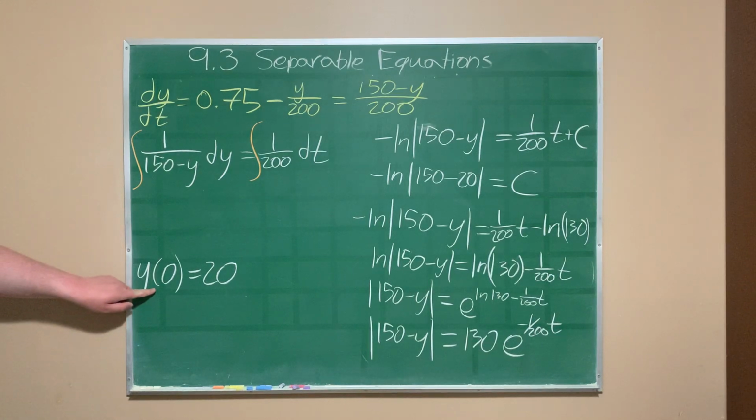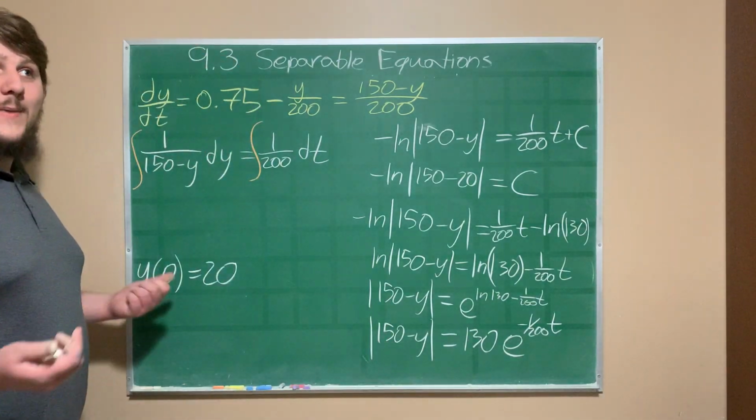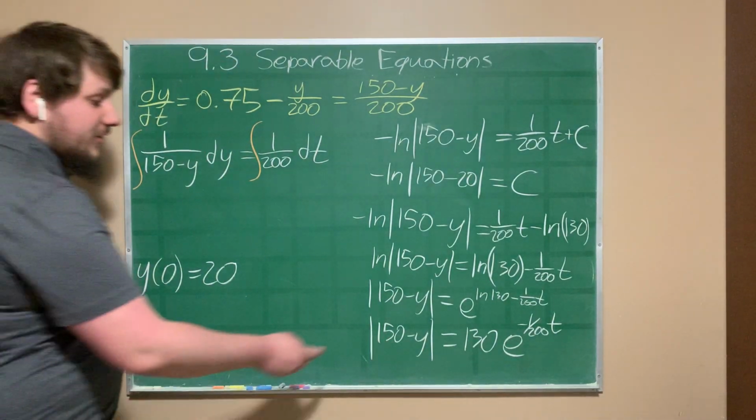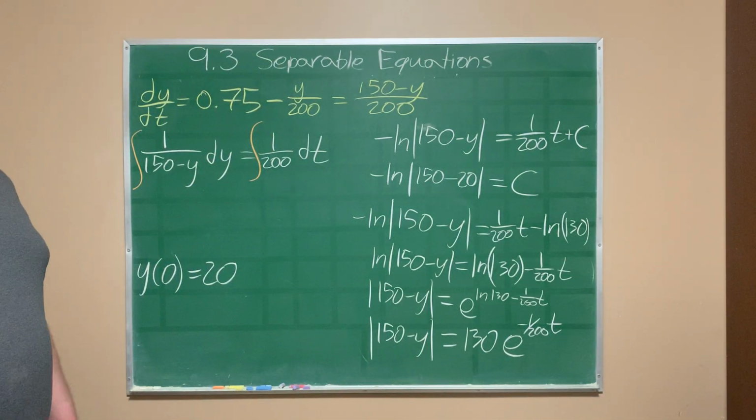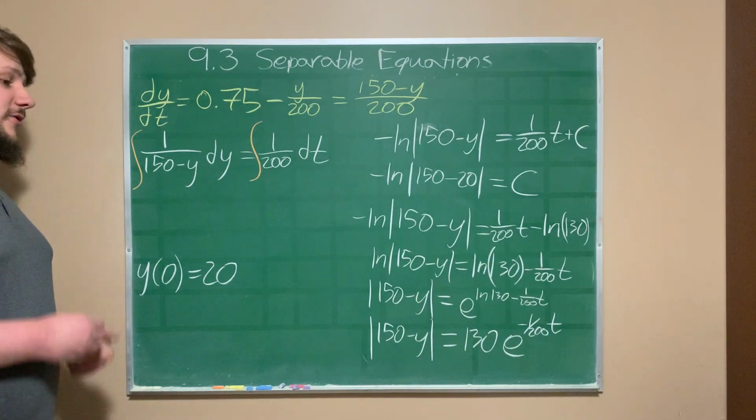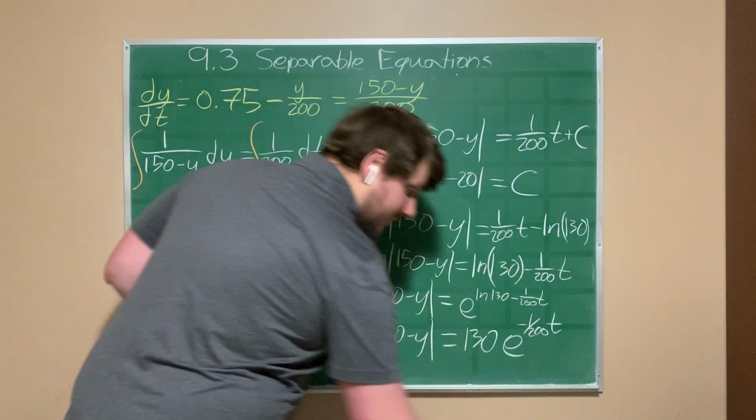And since y of 0 starts out at positive 20, that means that 150 minus 20 is a positive number. This value on the right-hand side is also never going to cross 0. 150 minus y must always be positive, no matter what the value of y is. So because of that, I can erase the absolute values at this point.